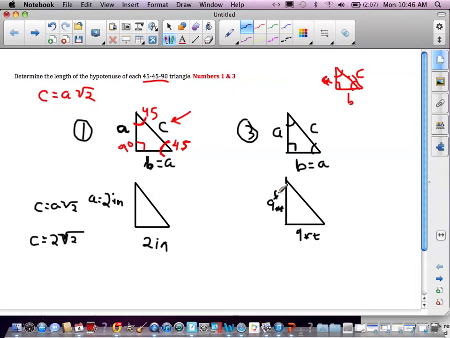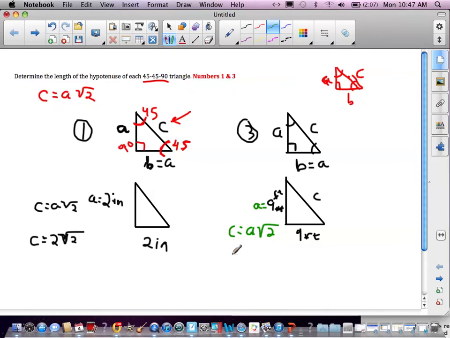And my hypotenuse is always C. So again, looking at my formula, I'll change the color on it. Again, C equals A square root of 2, and remember this is only for a 45, 45, 90. It must be a right angle with two 45 degrees on it.